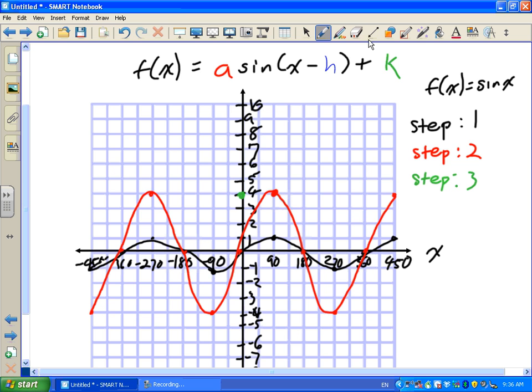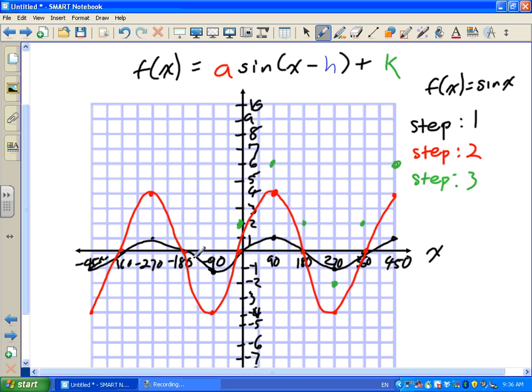Sorry, not move up 4, we're moving up 2. Our K is +2, so we're moving up 2. So 0 and 0 becomes 0 and 2. 90 and 4 becomes 90 and 6. Our 270 and -4 becomes 270 and -2. Everything is shifting up 2.